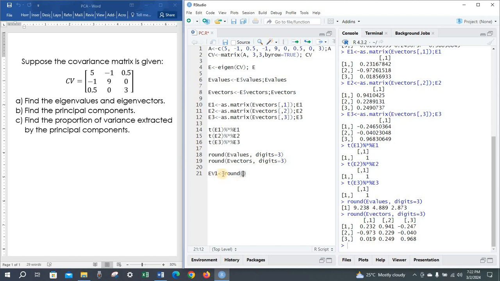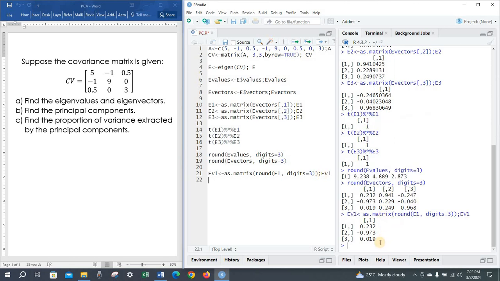Before rounding it, you can write as.matrix inside the round function. Write E1, digits equal to 3. This is the first eigenvector rounded here.